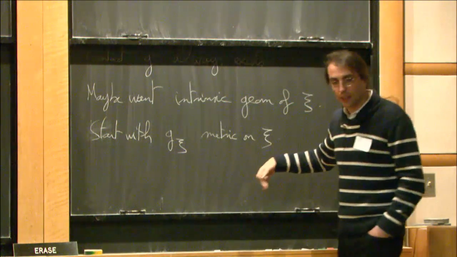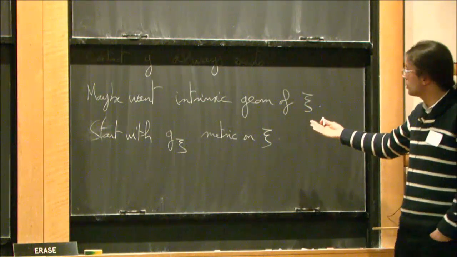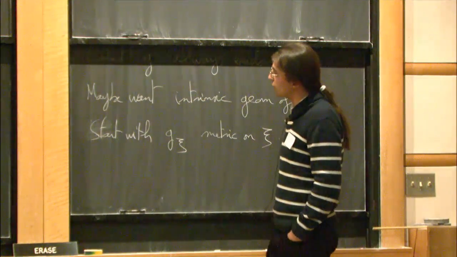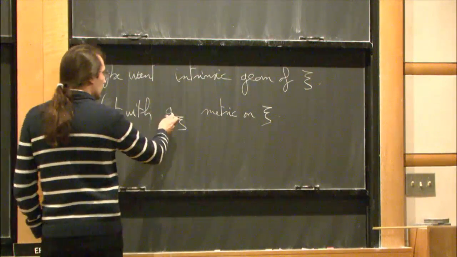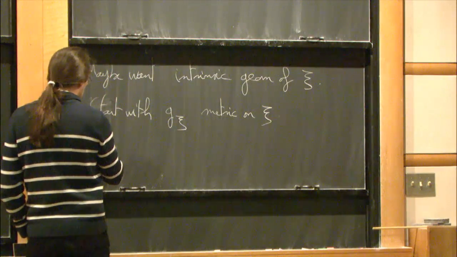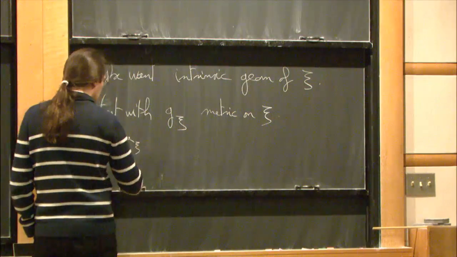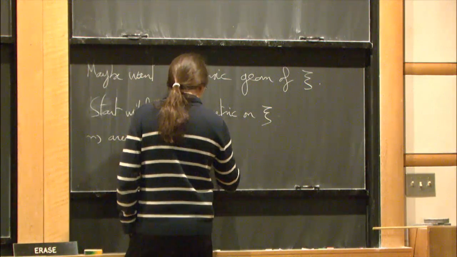I said there is a canonical way to extend this to a scalar product on the full tangent bundle. And this is something which does not exist in the foliation case. The point is that because everything is oriented, you get an area form on Xi, given by g Xi plus orientation.